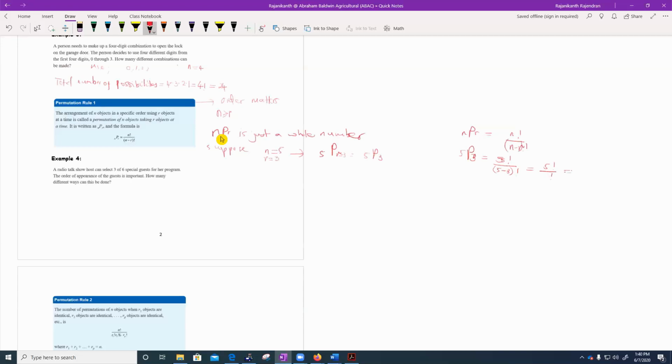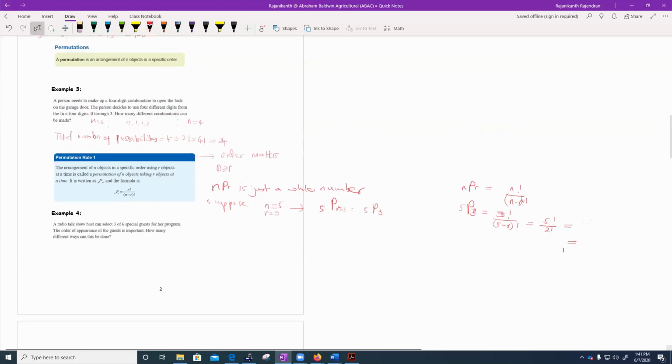Okay, so now you could use the calculator. I have shown you how to use the factorial notation. So find the answer for 5 factorial. Earlier we saw 5 factorial is 120. And find 2 factorial. 2 factorial is 1 times 2, which is 2. So 120 over 2, what is that?